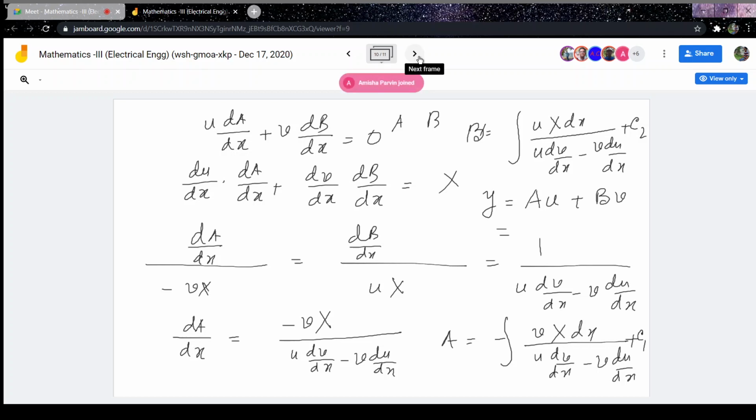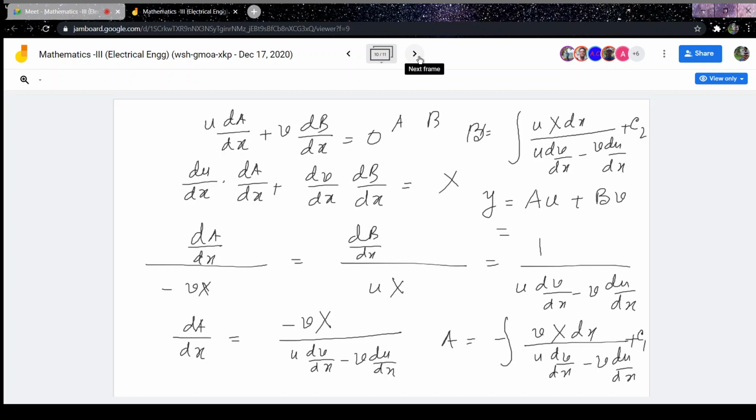Okay, now you know the general method. Now you have to solve your problem. That is d2y dx2 plus a square y is equal to sec x, so your X is here. We already know m is plus minus ia.